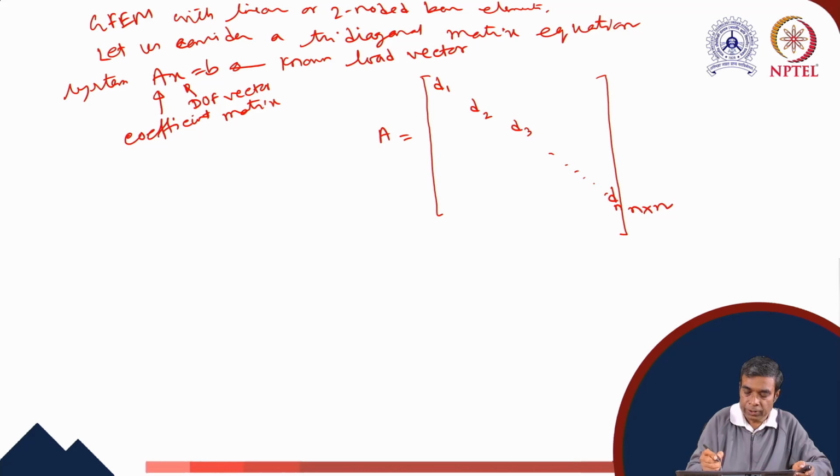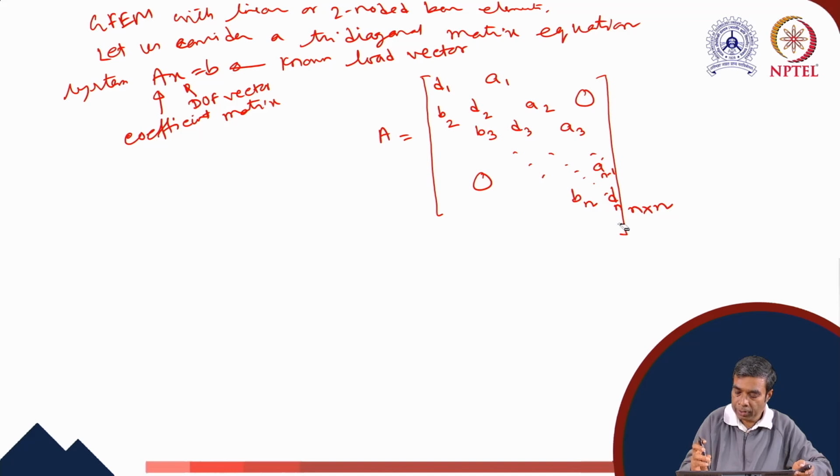Then let us consider the superdiagonal terms as A1, A2, A3, An minus 1, remaining terms are 0 in the upper triangular portion, and the subdiagonal terms are B2, B3 up to Bn, and remaining terms are 0 in the lower triangular portion.